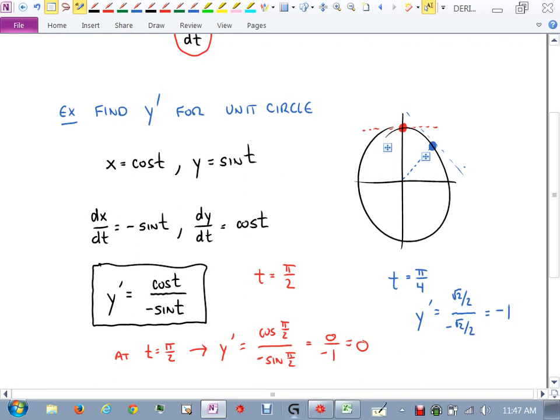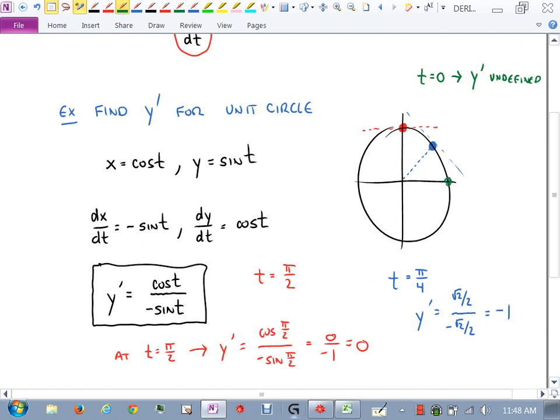How about at t is 0? It's undefined, right? Well, what's the slope of a vertical line? It's undefined, right? So that makes sense that it would be that case, wouldn't it? So at t equals 0, y prime is undefined.